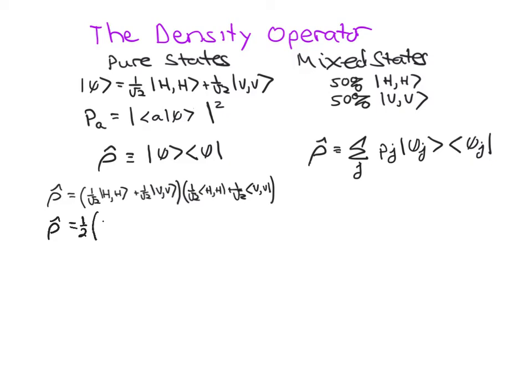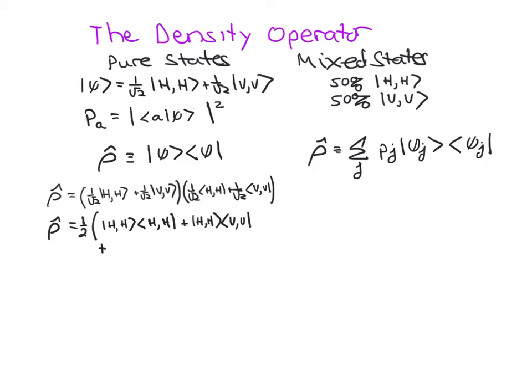And then we have an HH ket and the bra. There are going to be 4 terms here, so this is the first term, then the second term is going to go from here to here. So that's going to be a plus HH ket, VV bra. And then the next two terms are going to come from here to here.